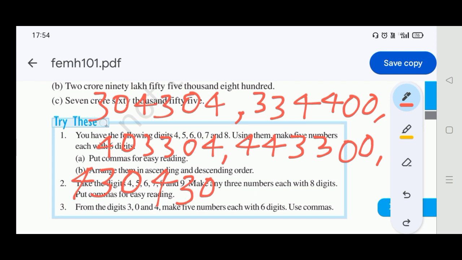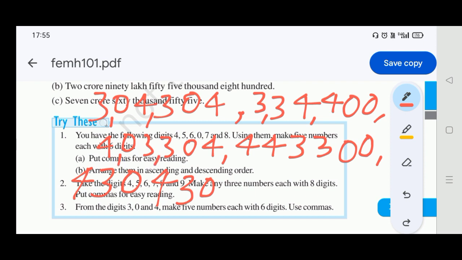I am just reading it and explaining how to read with inserting commas. First one is 3,04,304, and the second number is 3,34,400. The next number is 4,00,000.